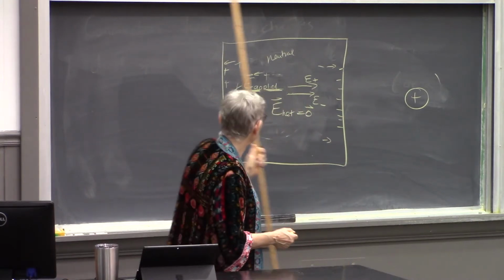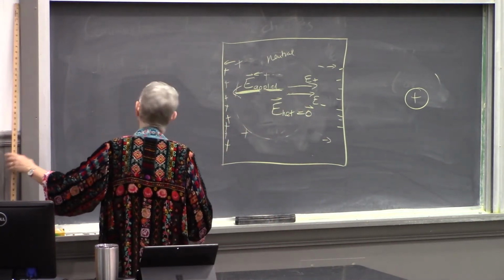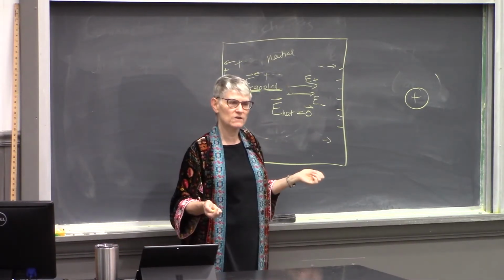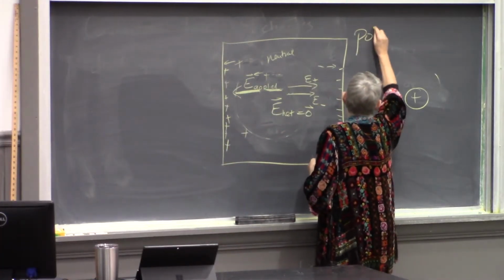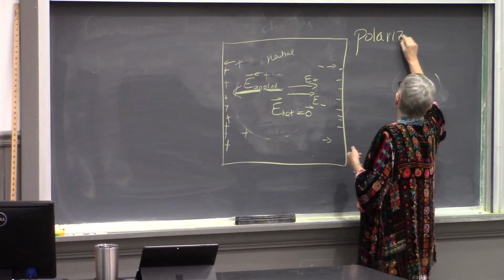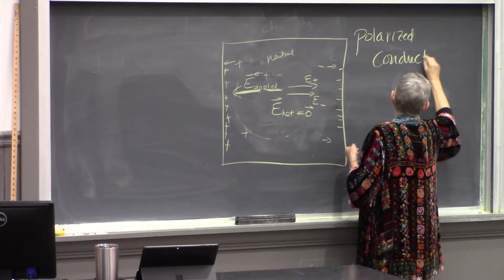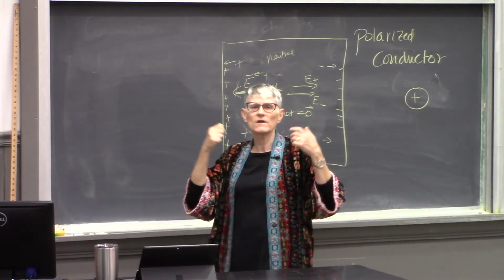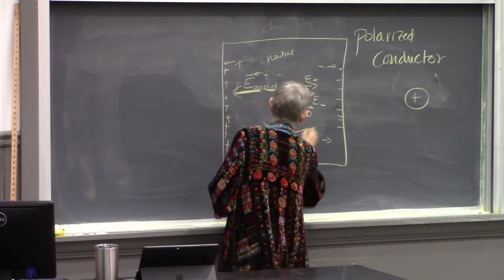And so eventually we get to this point where this conductor polarizes. So now we have a polarized conductor, and it polarizes until the net field inside goes to zero.